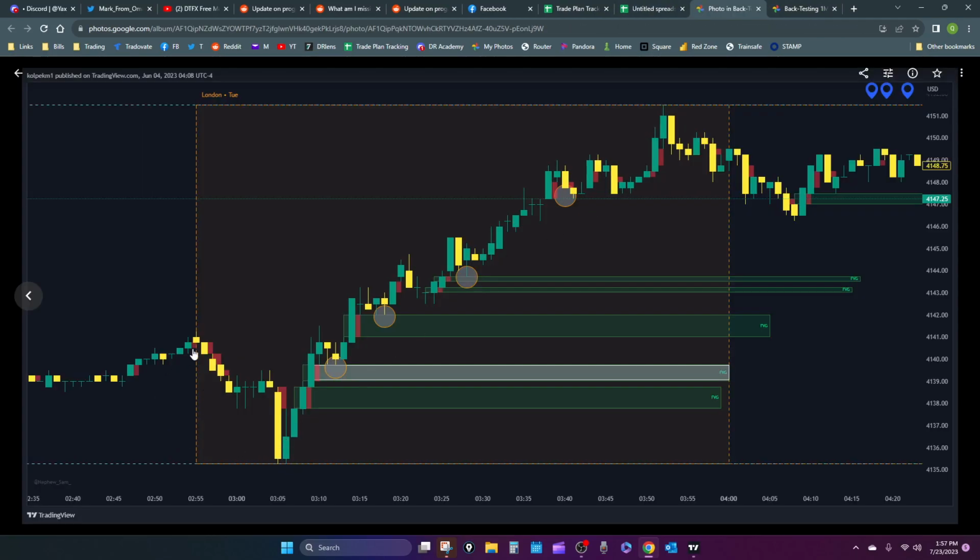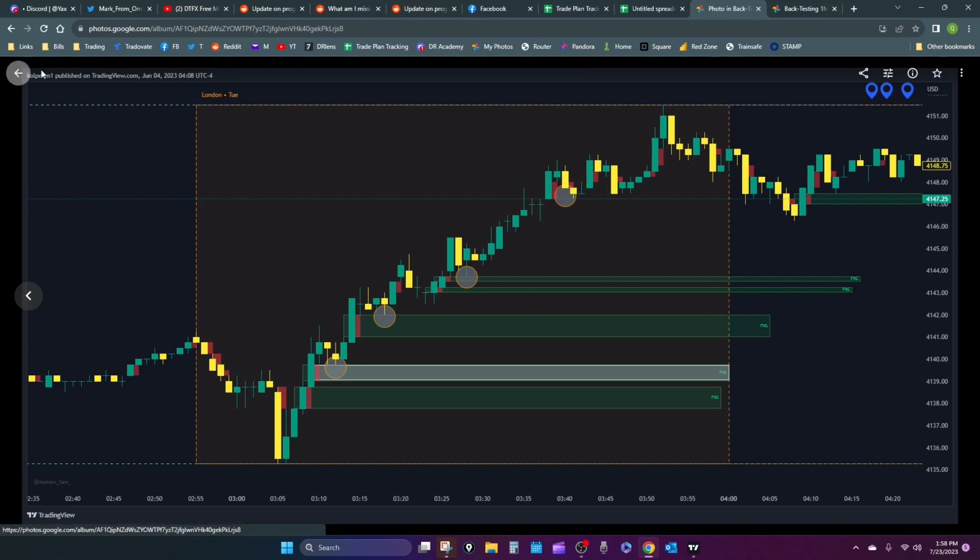See a pattern here, right? Sweep, multiple candle displacement, breaks market structure, creates a fair value gap, gets retested, huge win. Oh, you missed that one? You hesitated? Here, take it again. Same thing. Displacement, breaks market structure, creates a fair value gap, retest, huge win.